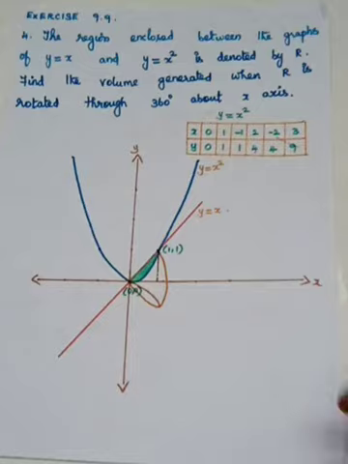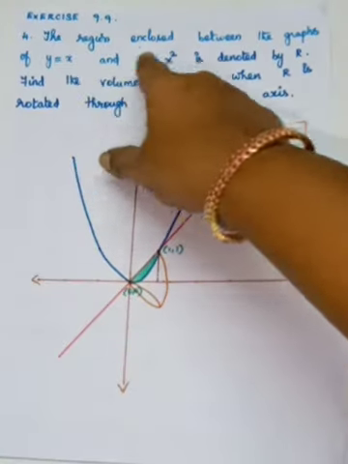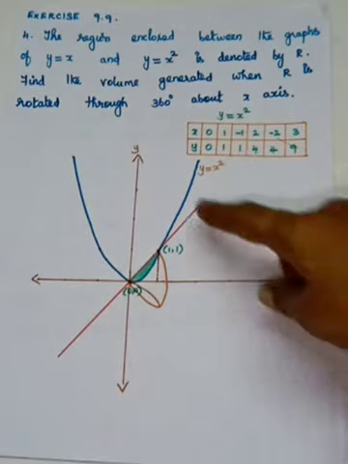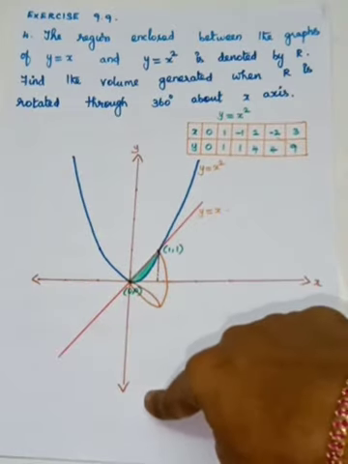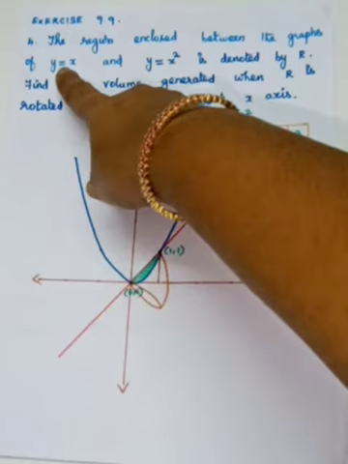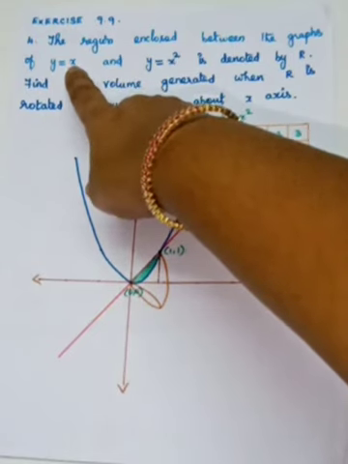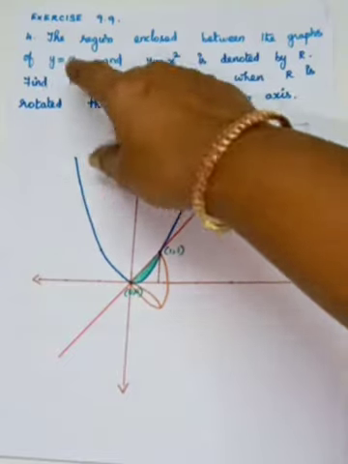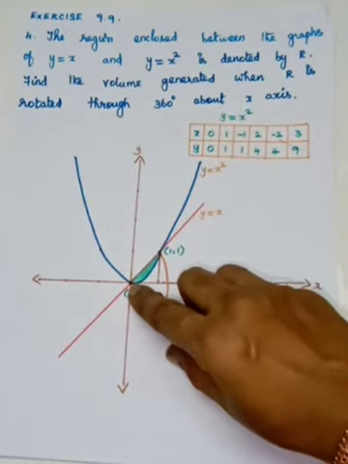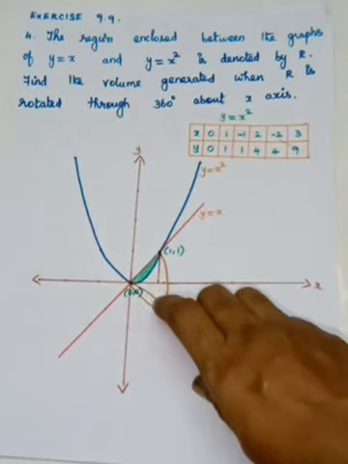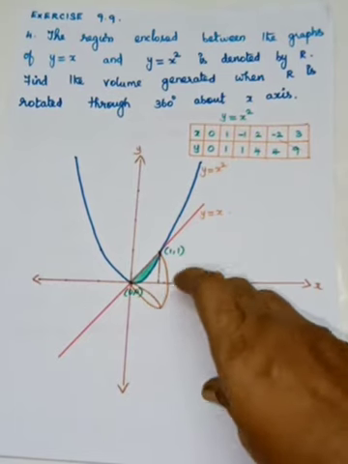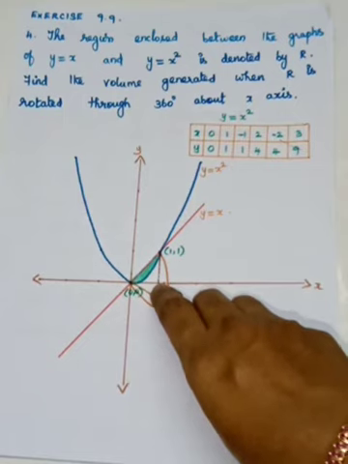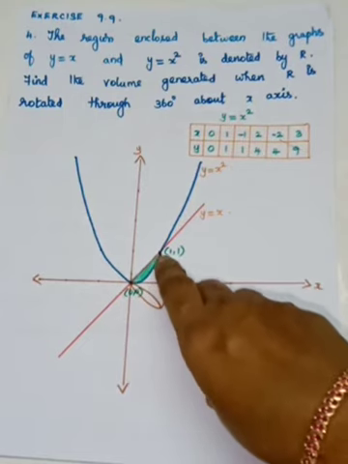So first we have to draw the line and the curve in the diagram. For that you take the x-axis as well as the y-axis. First I will draw y is equal to x, the line. Whatever value you give for x, that is the value of y. Put x is equal to 0, and y is also 0. Put x is equal to 1, and y is also 1, so the point 1 comma 1.